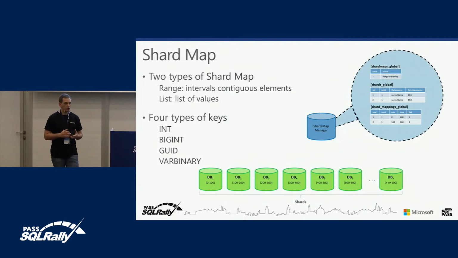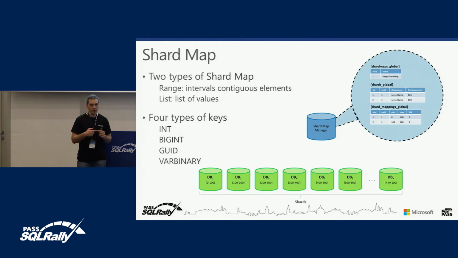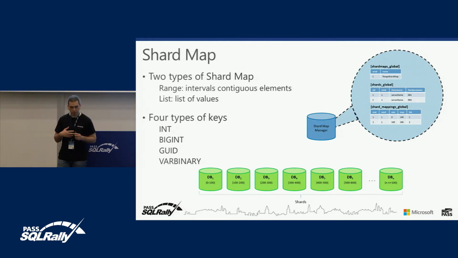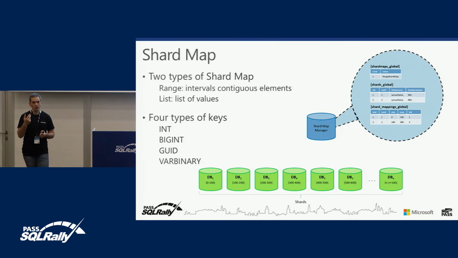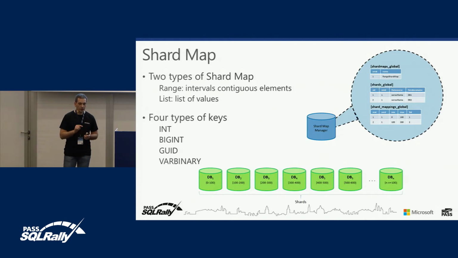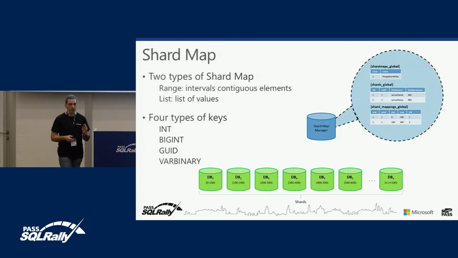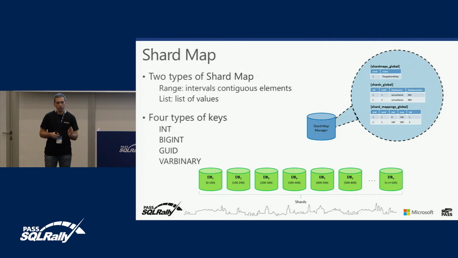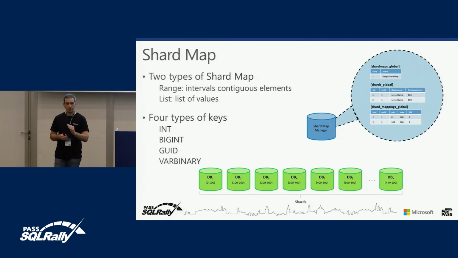We have two types of shard map, by key and by range, and also four types of key. The concept of key is maintained, but with this feature we can set the performance level and service tier for each database.